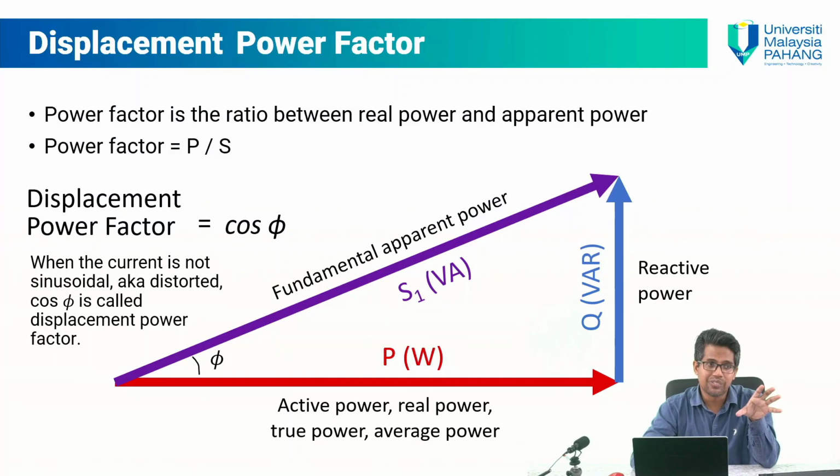Now, the apparent power as the vector summation of P and Q is now called the fundamental apparent power. The unit is still the same, VA, but the symbol is not S anymore, but S with subscript 1.